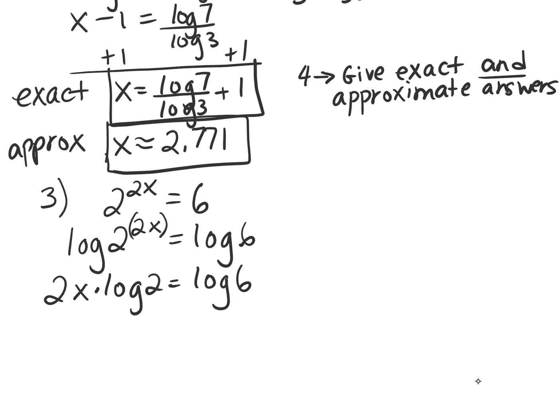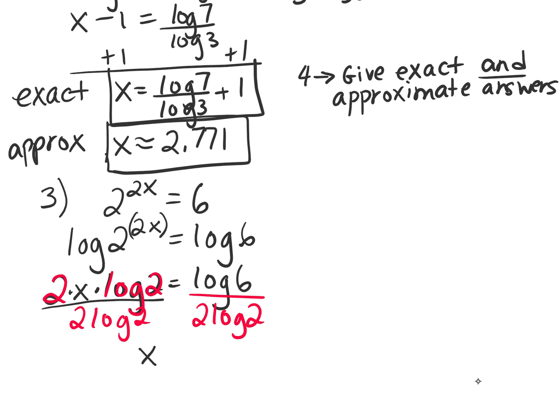Now in solving this one for x, since I have everything, like I have 2 times x times log 2, you want to actually just divide everything out that's surrounding the x. So we're going to divide out the 2 and the log 2 at the same time. So we don't end up getting a fraction within a fraction. And this final exact answer is one that a lot of times people mess up typing in the calculator if you don't use the fraction tool.